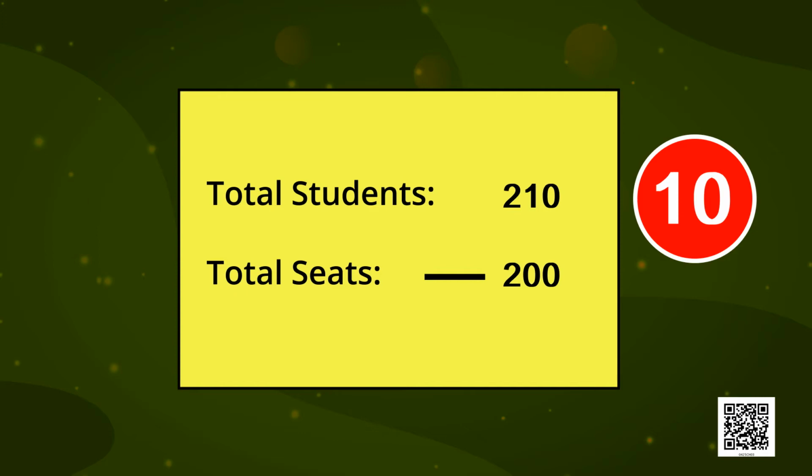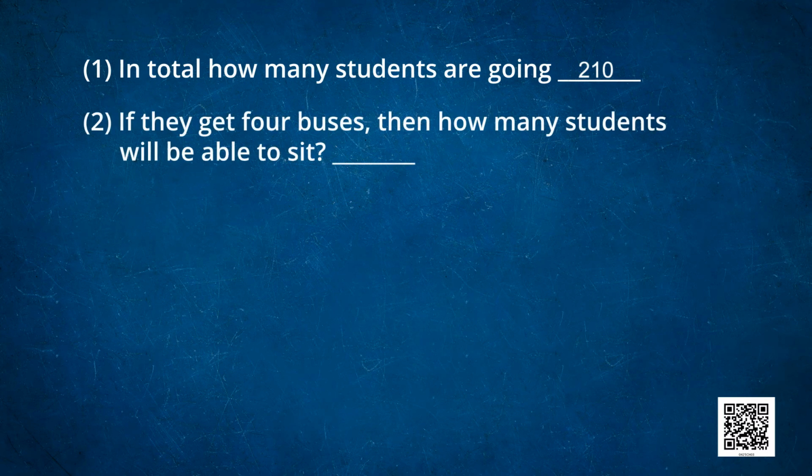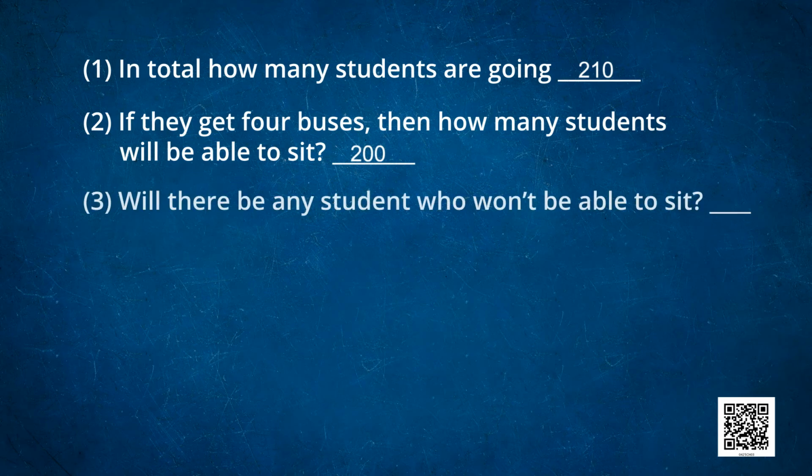So let's see. We have got answers to a few questions. First, in total, how many students are going? 210. If they get 4 buses, then how many students will be able to sit? 200. Will there be any student who won't be able to sit?